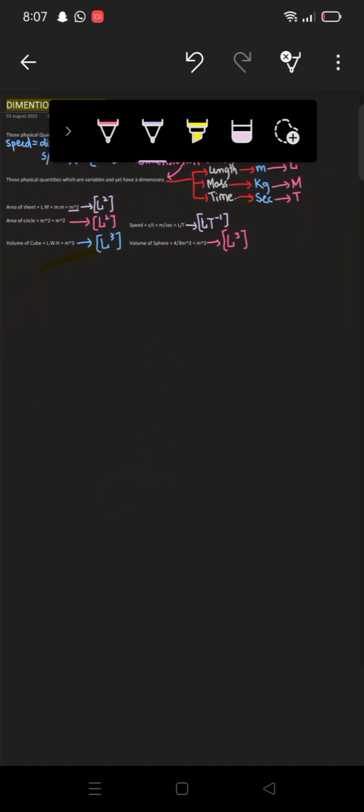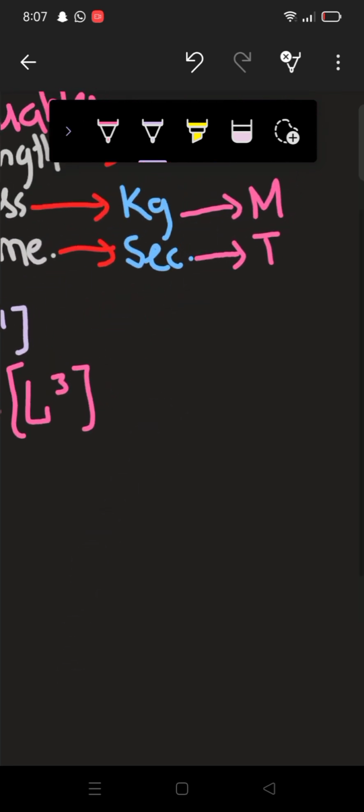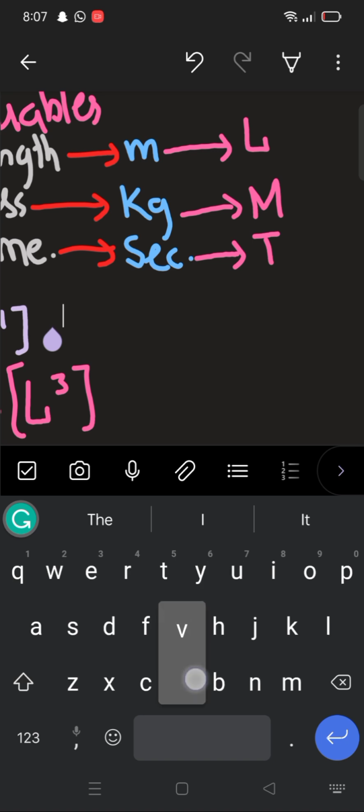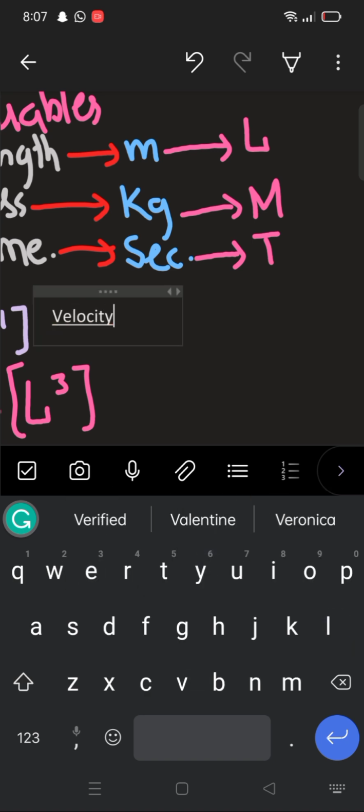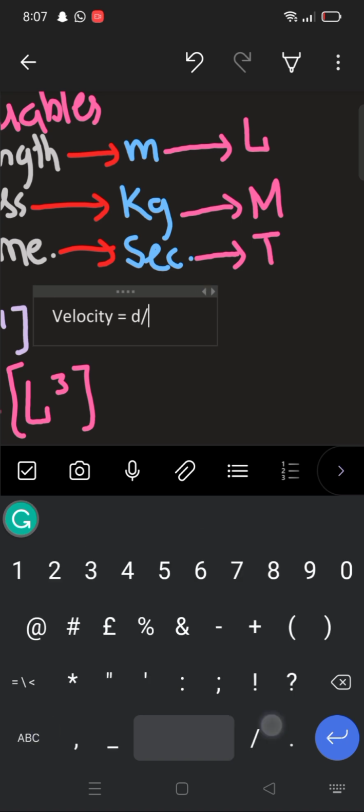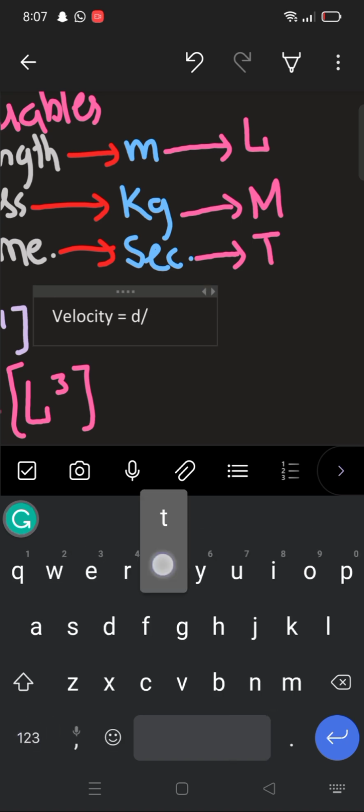Now we have another physical quantity whose dimensional formula is the same as speed, and that is velocity. Velocity has the same dimensional formula as speed. We know that velocity is basically displacement over time. Displacement is represented by d, and time is represented by t.